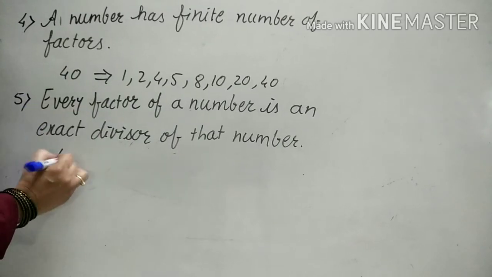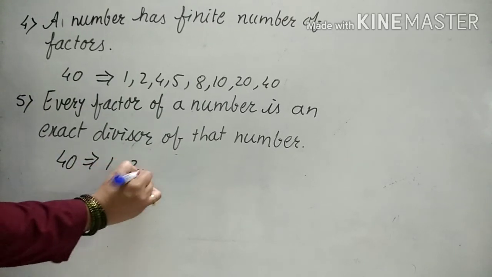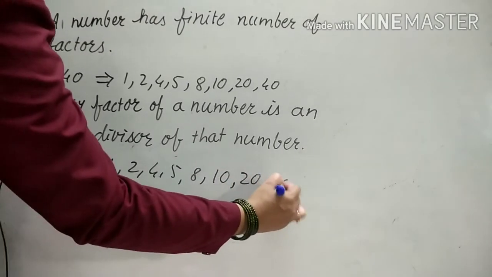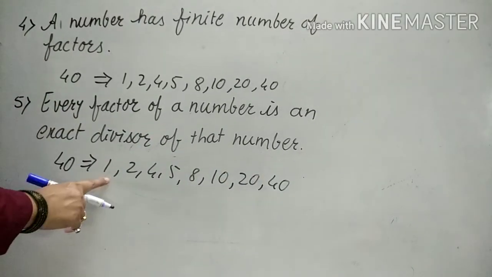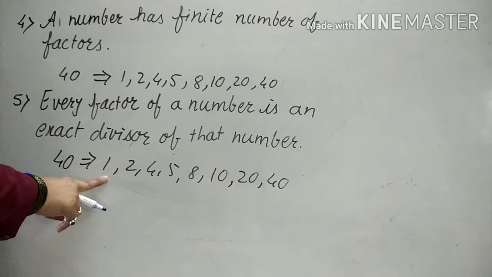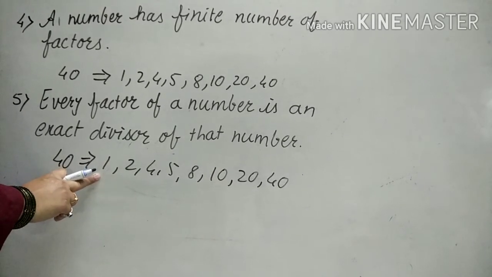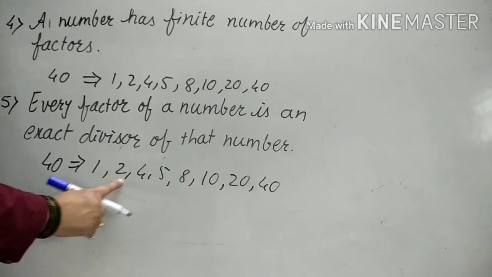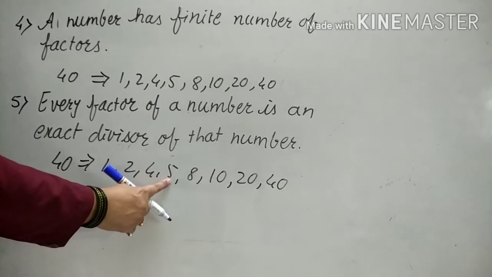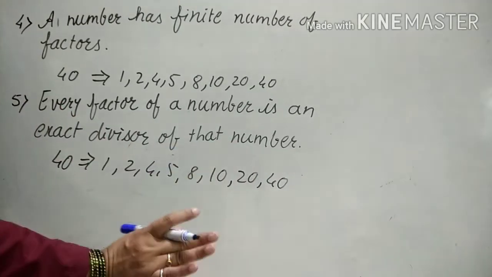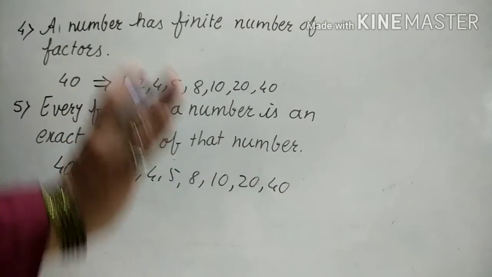See, what are the factors of 40? 1, 2, 4, and so on. Here these are the factors of 40 we have seen. And now this 1 is an exact divisor of 40. I can divide 40 by 1 exactly. I can divide 40 by 2. I can divide 40 by 4, by 5, by 8, by 10, by 20 and by 40 exactly without leaving any remainder.